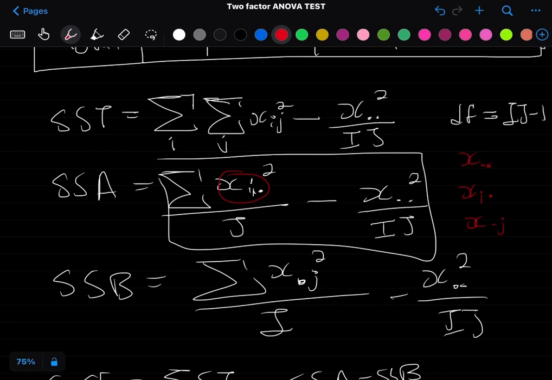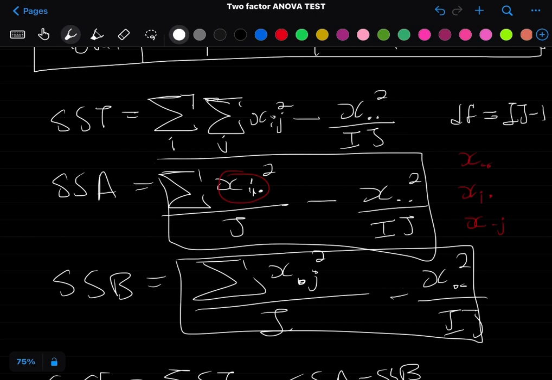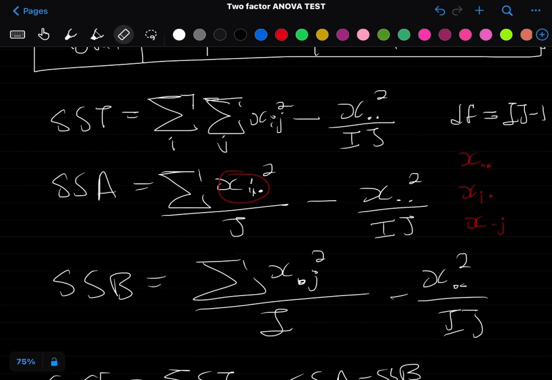So in order for us to be able to calculate this, we have to go to our table, calculate the row sums, the column sums as well, and find the grand total. So let's go and do that.